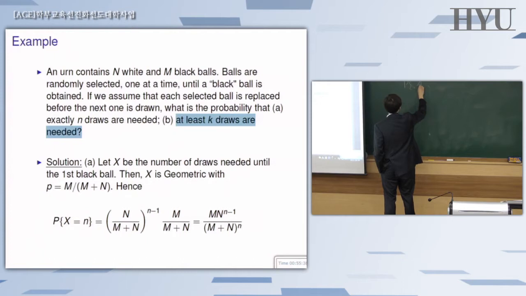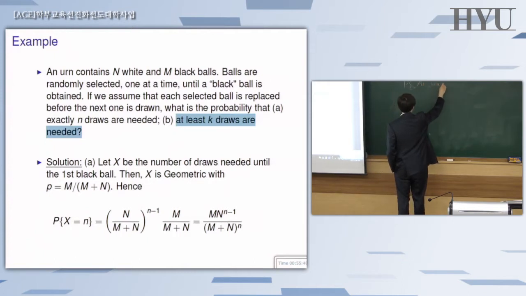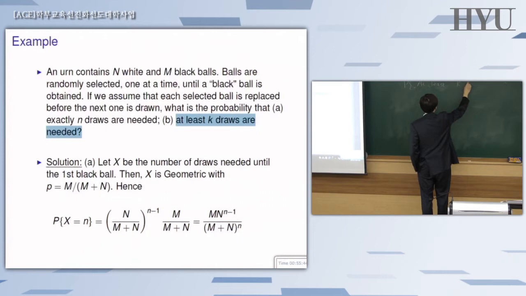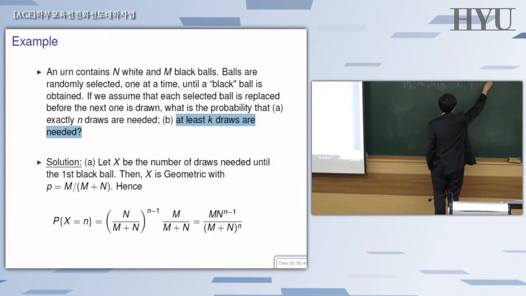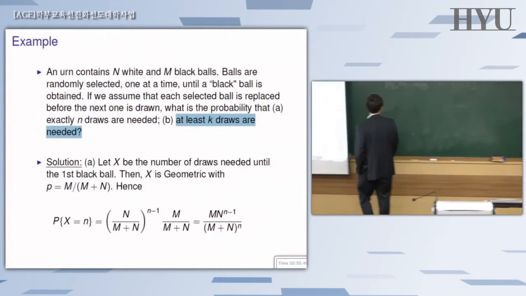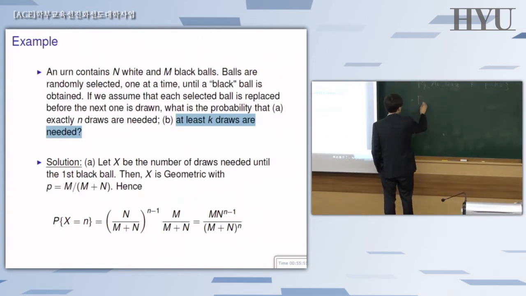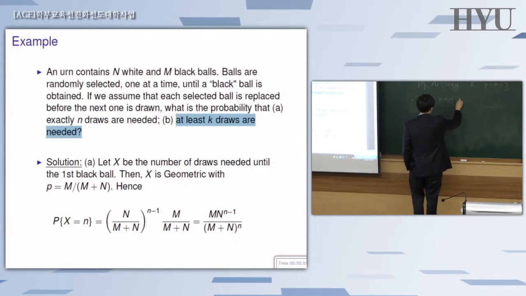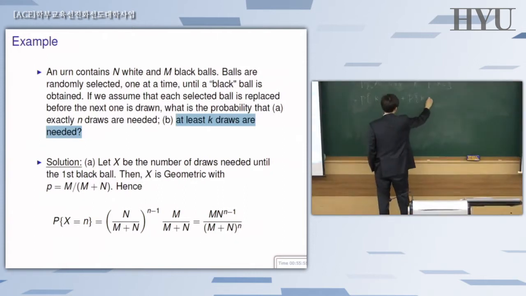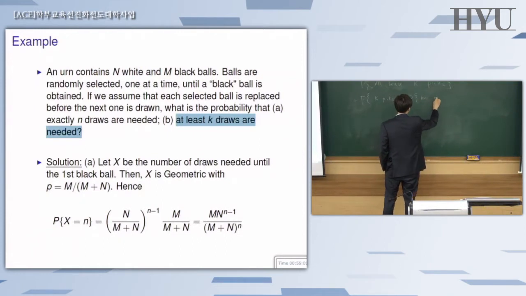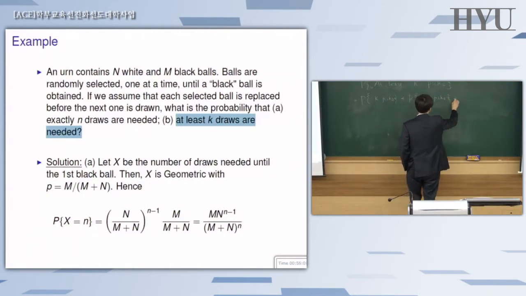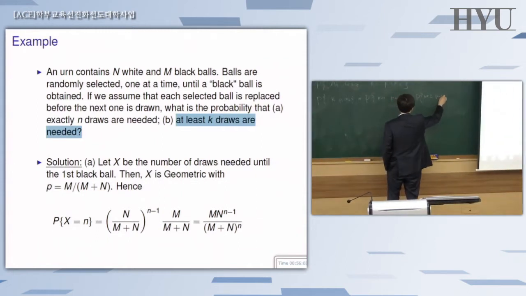Probability of at least k pickups, or k picks, and it goes on and on and on. How can we add these up?